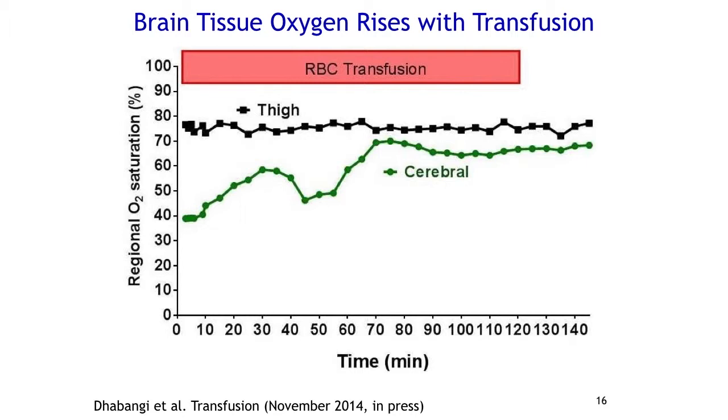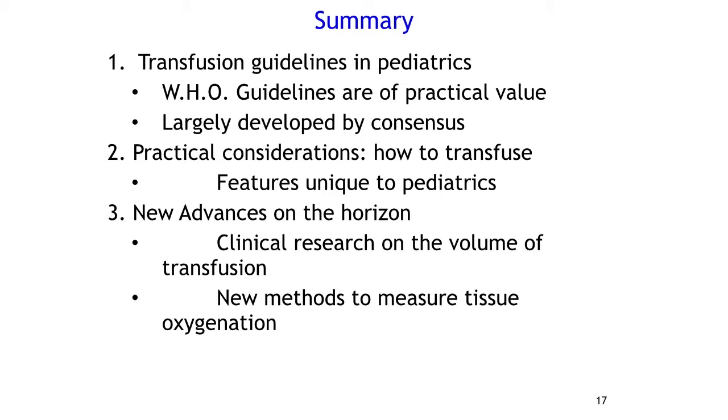So a lot can be done, and we can do a lot to monitor these patients and have the evidence. So in summary, we can see that the guidelines we have, most of them have gaps, and we have an opportunity to generate our own evidence.